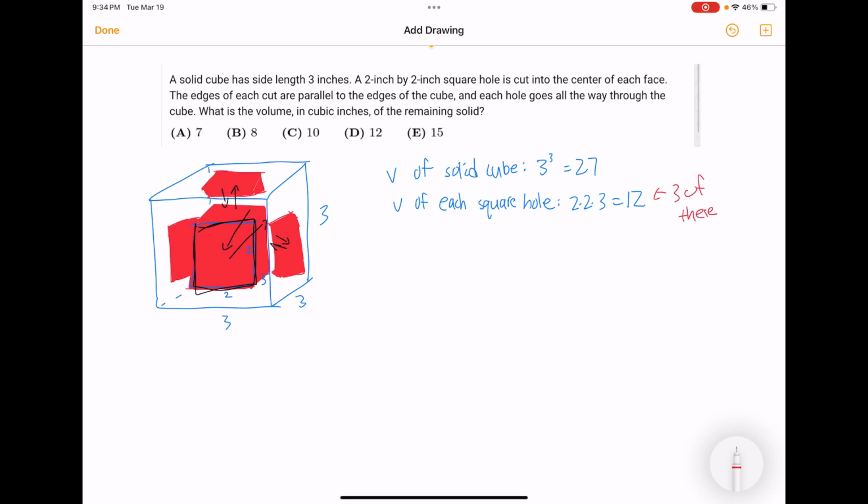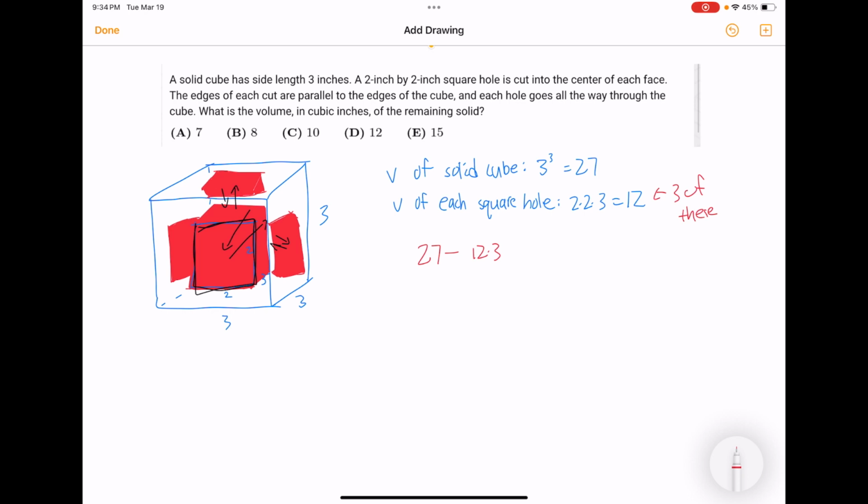So you'd also think, oh, it would be 27 minus 12 times 3. Well, we've actually overcounted, because the middle section of the cube is overcounted.